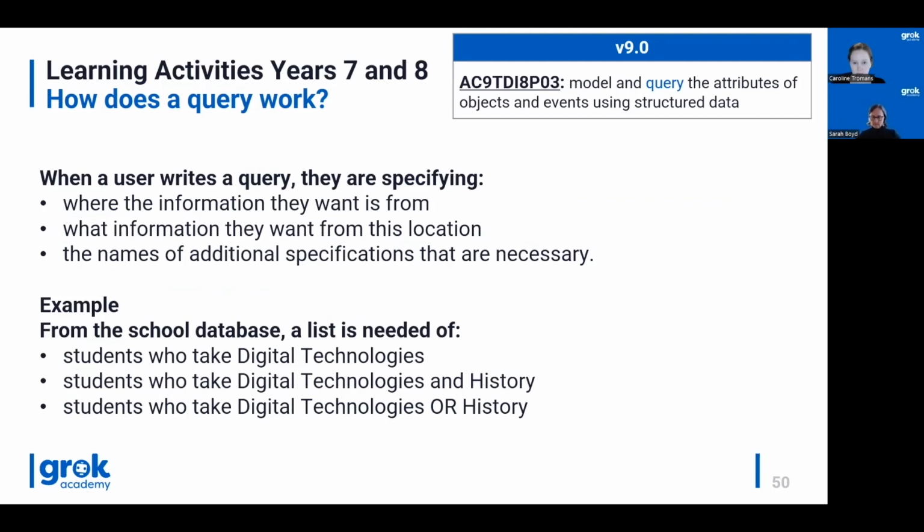So for example, from the school's database, they want a list of students who take digital technologies, or they might want a list of students who take digital technologies and history. So it would give us the students who take both classes, or perhaps students that take digital technologies or history. So they might take one or the other or both. So we'll have a look at how some of these things can be constructed soon.